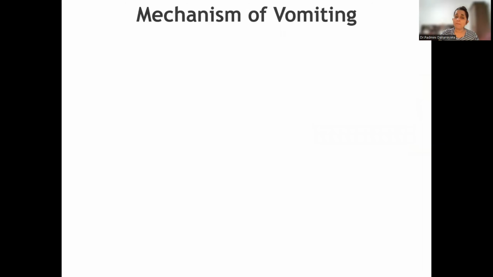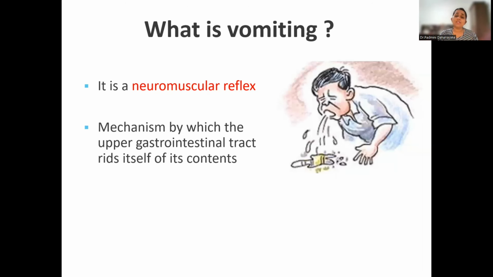You could say it is the reverse phenomenon of the swallowing mechanism. When you are talking about swallowing, you are propelling your food bolus to your stomach. In contrast to swallowing, vomiting is going to remove most of the upper gastrointestinal contents out of the mouth. So that is the reverse phenomenon of swallowing.